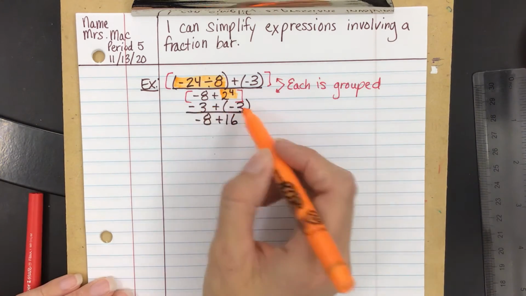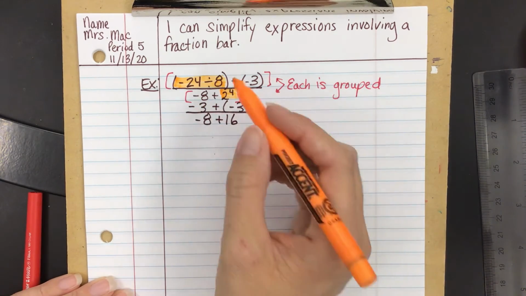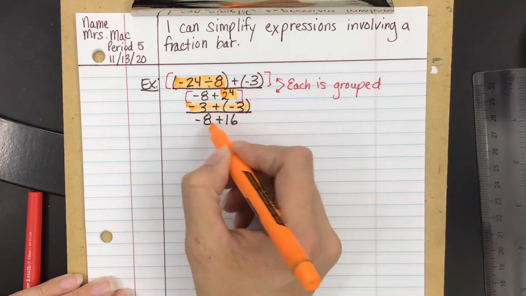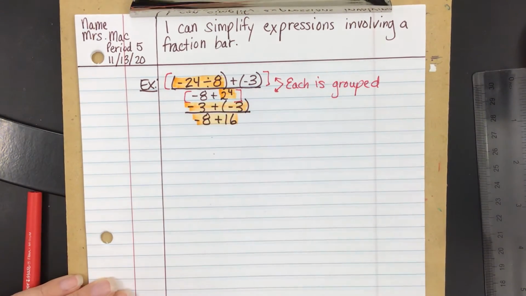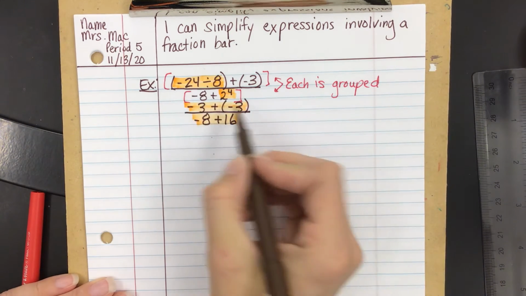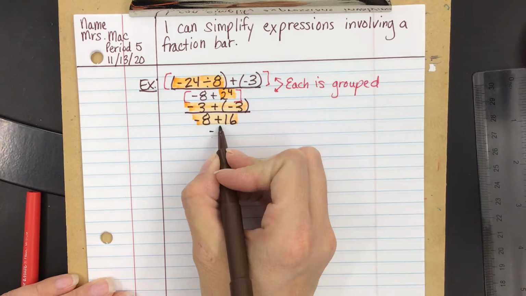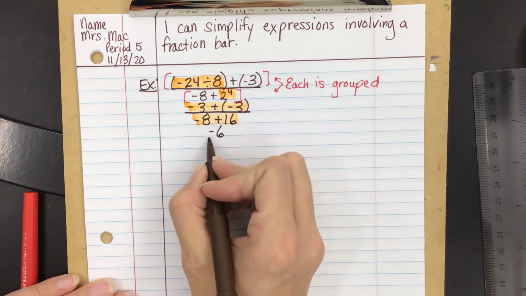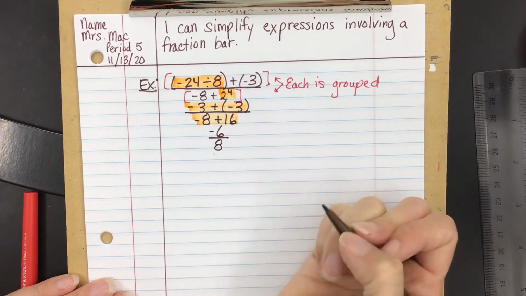I'm going to simplify the top and the bottom, so they each only have one operation left. So we're going to do this and this. Negative 3 plus negative 3 is negative 6, and negative 8 plus 16 is a positive 8.